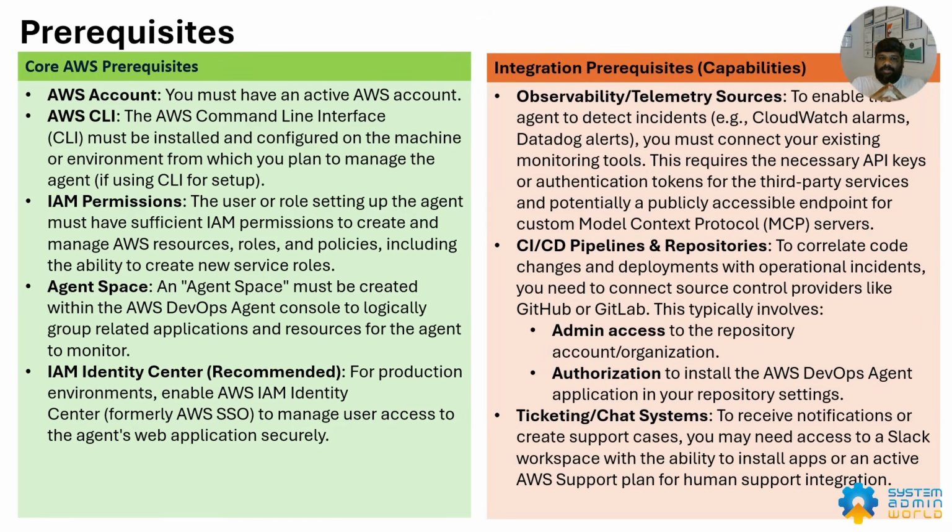One IAM role will be required to set up your AWS agent space, where you are going to configure or create your agent on your console. The second is for the web app, which is required for the operational team, where they can access the configuration.